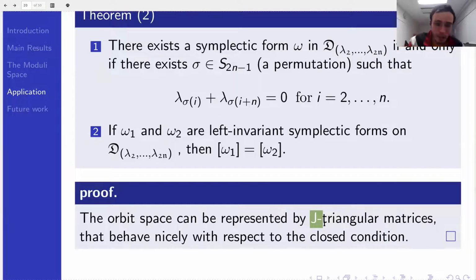It is a particular family of matrices that behave very nicely with respect to the closed condition. So you describe the orbit space by these matrices, then you obtain Milnor frames, then you check the closed condition, and you obtain this result.